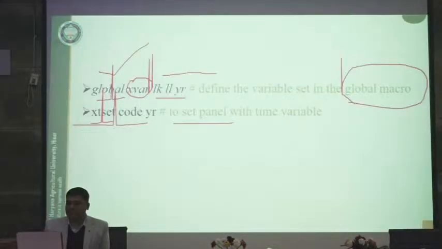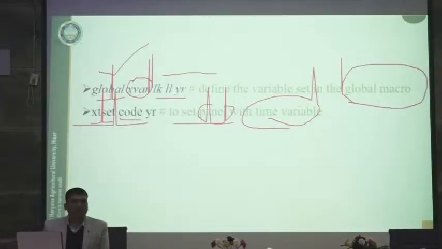For example, the first is for the panel code and the second is for the time variable. Okay, so in this data your code is for countries, and this YR is for years. That is your time data.